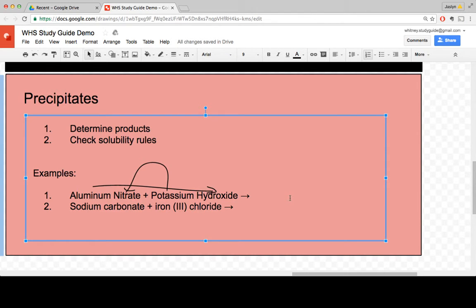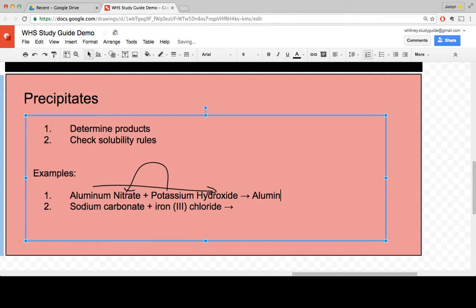So if we check the what is soluble, it doesn't say anything about aluminum. But so we go on to what is insoluble because it counts as an other. So aluminum hydroxide is a precipitate because it is not soluble in water. So at the end of this reaction, basically, aluminum hydroxide will not dissolve. So it will be a solid, which is considered a precipitate.